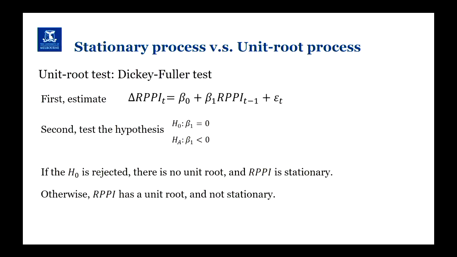And then we can also test the unit root by a more accurate statistical test, which is called the Dickey-Fuller test. How we do this is, first we estimate the model like this: the first difference in house price equals a constant plus the previous value of the price index.